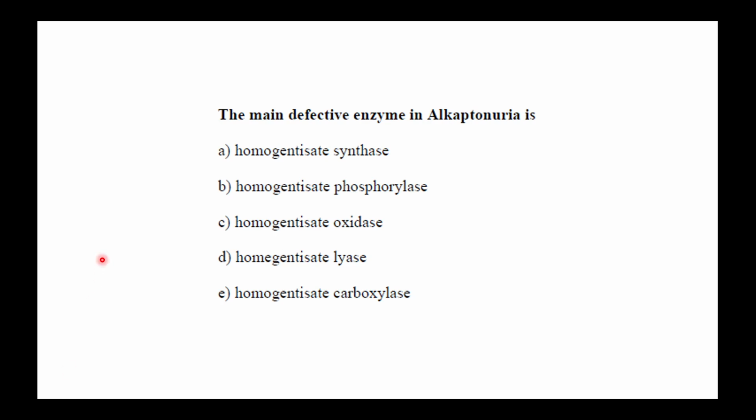Moving to the next question now. The main defective enzyme in alkaptonuria is option A, homogentisate synthase, option B, homogentisate phosphorylase, option C, homogentisate oxidase, option D, homogentisate lyase, and option E, homogentisate carboxylase.